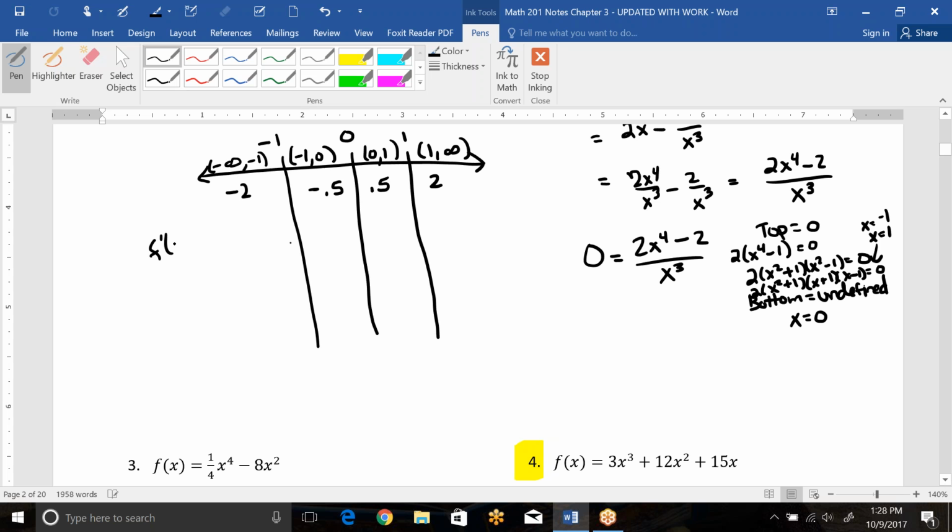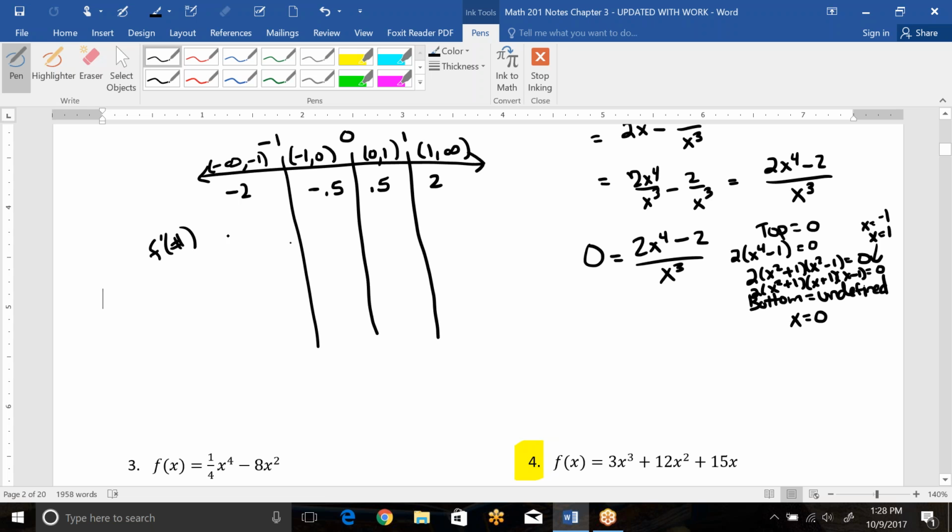So f prime of each number, if we do f prime of negative 2, that's going to give us negative 2 to the 4th is positive, and it'll be 16 times 2 is 32, minus 2 is 30, so it's positive on top, but negative 2 cubed is negative 8.